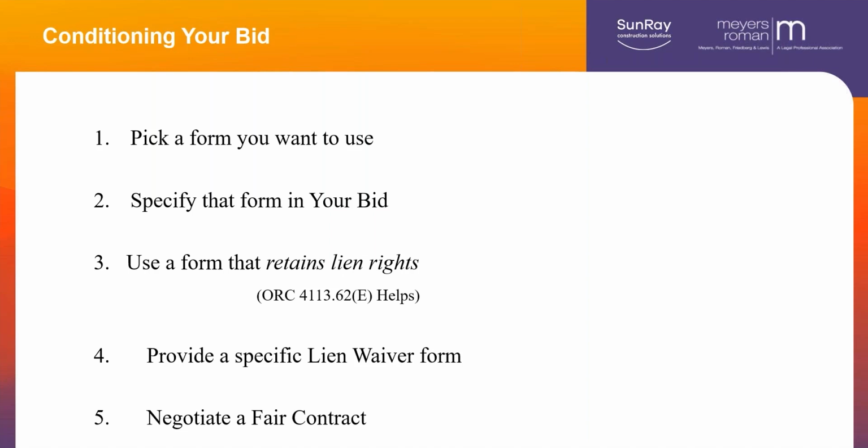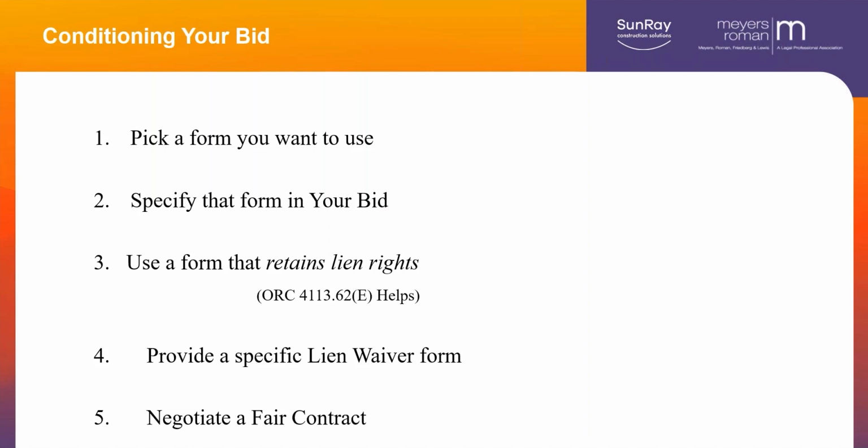If all you want to do is quantify or qualify everything that you're going to do, all the obligations you're going to have and all the rights you're going to have, you can do that too. But if you picked a form, you specify the form. If you didn't pick a form, that's fine, but make sure that you put in all of the different pieces that are important to you that you want to have in your contract.